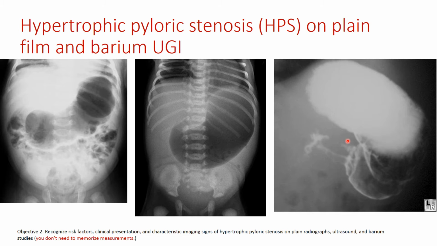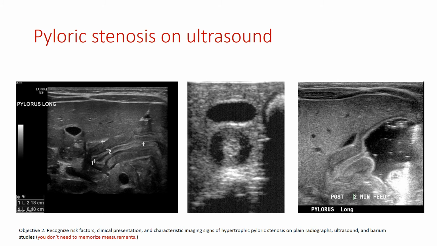So like I said, there's a zillion of these signs, but basically this long, thin pyloric channel is what we would see on barium examination. Now, I haven't done a barium examination on a kid with pyloric stenosis in years, and I'm not sure if anybody's still doing those or not. We hadn't done them in my place for a long time. We do ultrasound on these kids. And ultrasound is very distinctive.